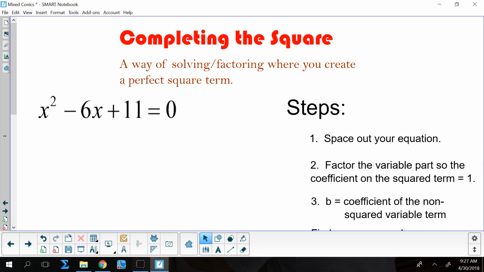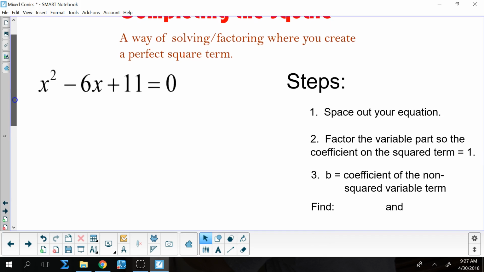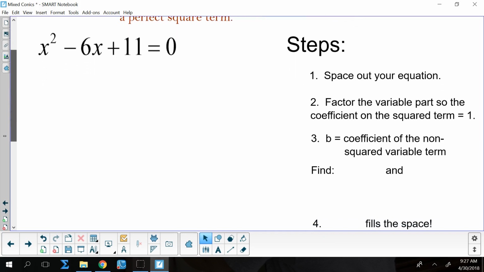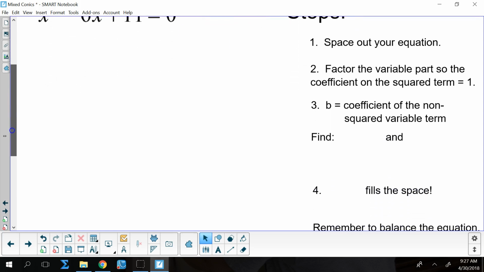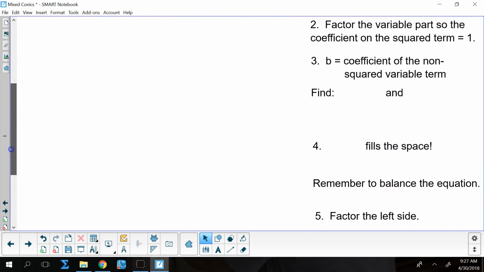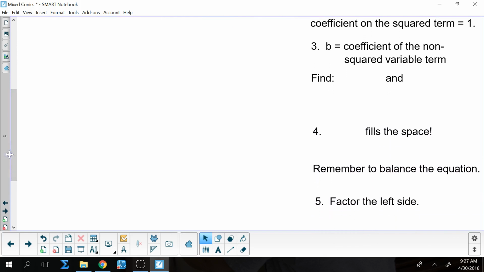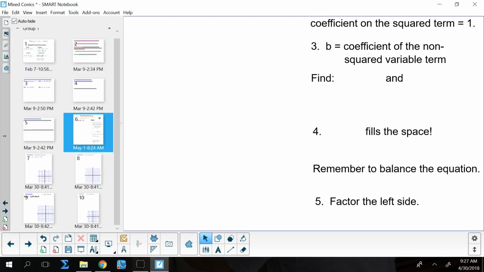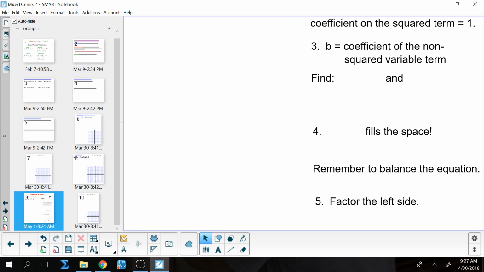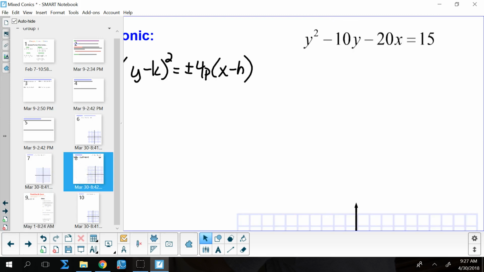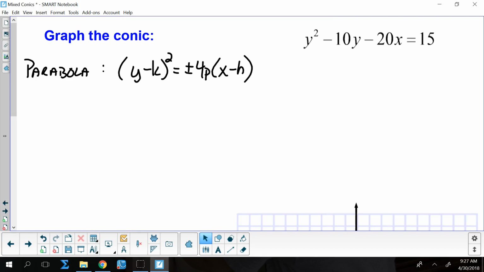Then we set up what b is. It's the non-squared variable. Then we find b over 2 and b over 2 squared, because b over 2 squared fills the space. We balance our equation, and then we factor the left side. We did all of that on Friday.